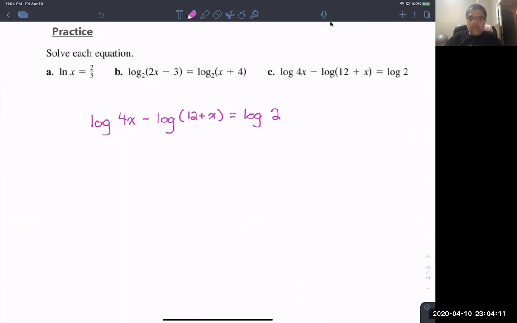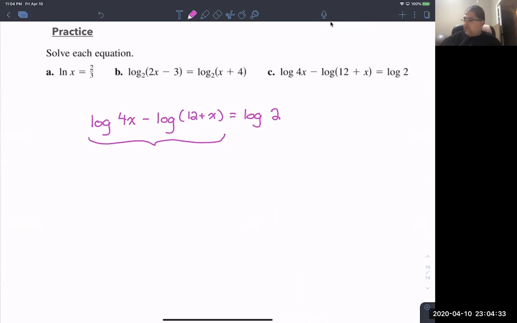Well, we want to find a way of getting the logs by themselves. On the left side, we want a way of rewriting this as one logarithm. So we have a log of something equals a log of something, and then we can just drop the logs. Well, this is where the properties of contraction come into play.